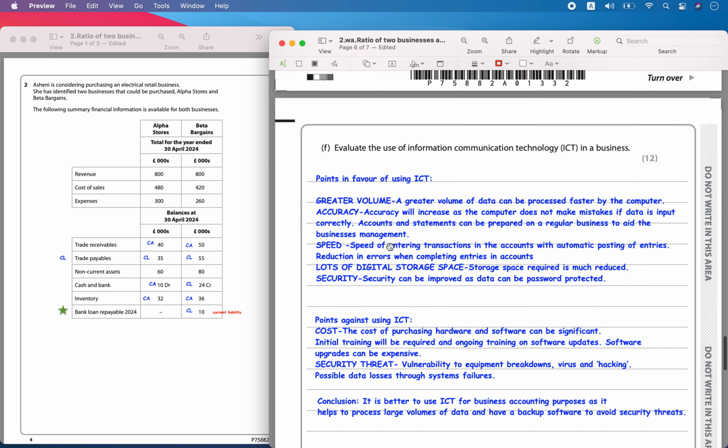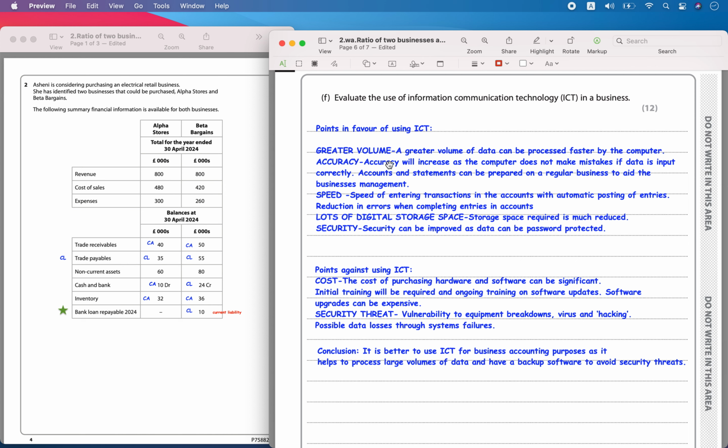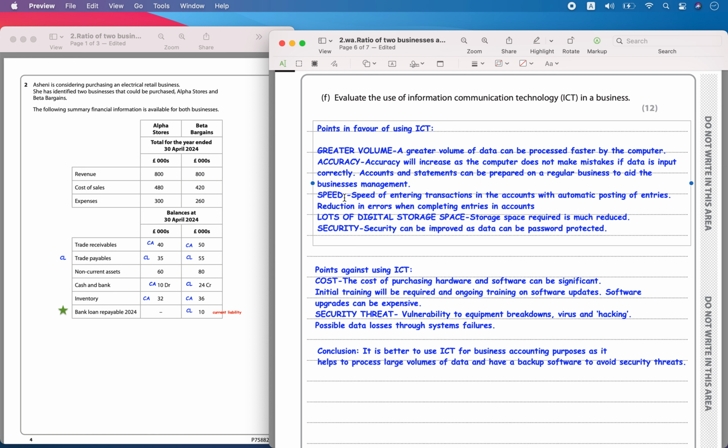Then evaluate the use of ICT in a business. When you use ICT, a greater volume of data can be processed at a faster pace, and the data will also be more accurate, because it involves automatic double entry and automatic mathematical calculation, and report generation can be done automatically.